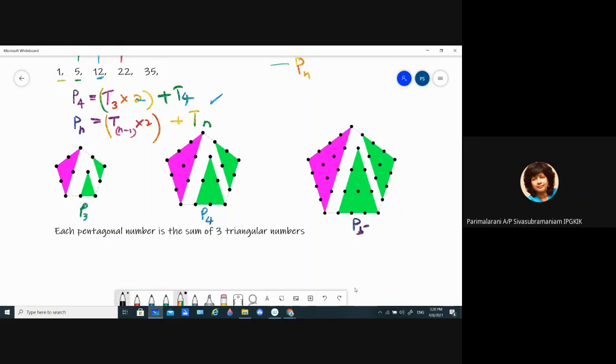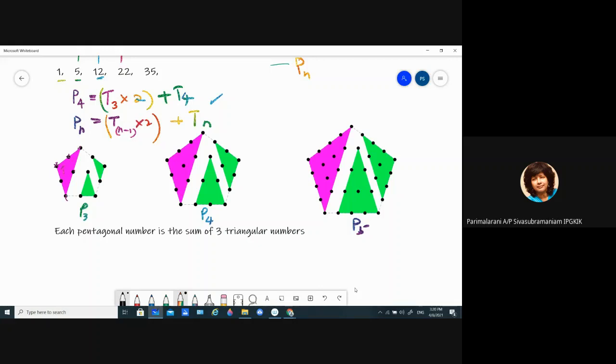And this figure, we can divide it into triangles. We have divided it into 3 triangles. The purple triangle is term 3 because it has 3 dots on each side. It's an equilateral triangle with 3 dots on each side: 1, 2, 3, 1, 2, 3, 1, 2, 3.